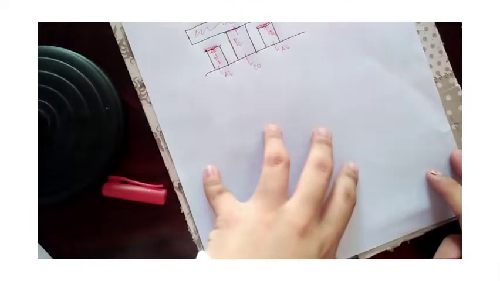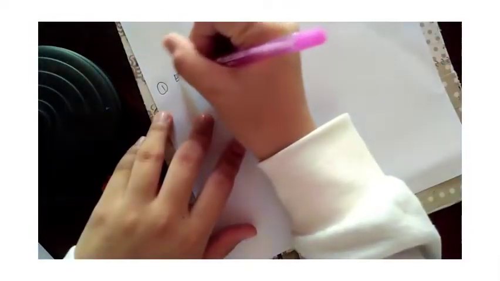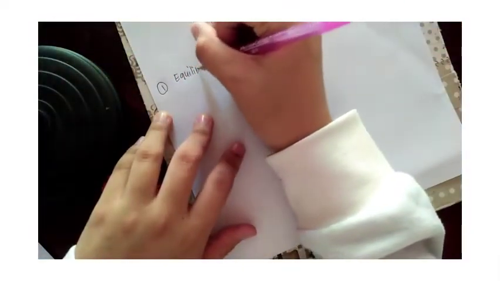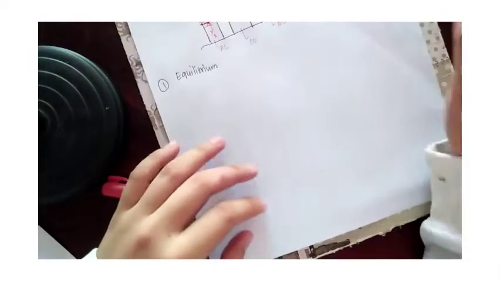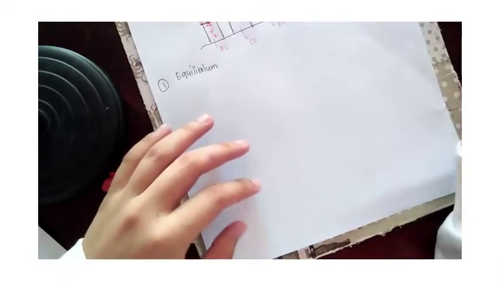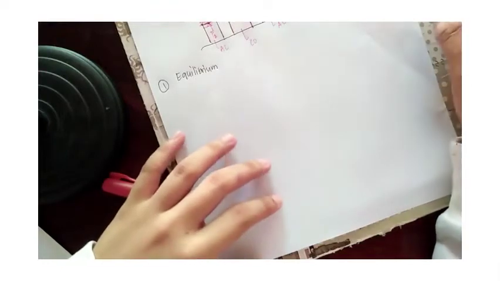So, when computing the deformation, there are steps to follow. Step number 1 is to form the equilibrium. In equilibrium, we know that the sum of forces vertically and horizontally is always equal to 0 so that we have balanced forces.